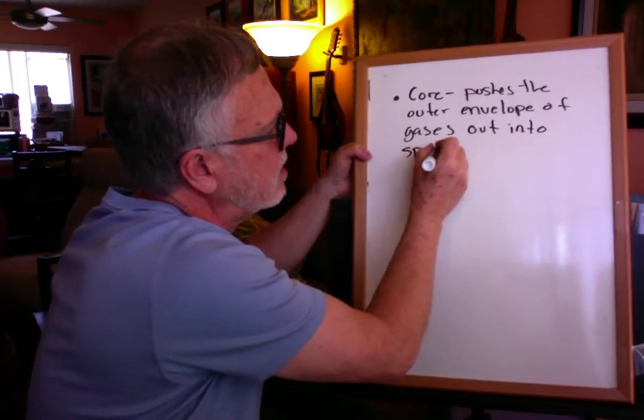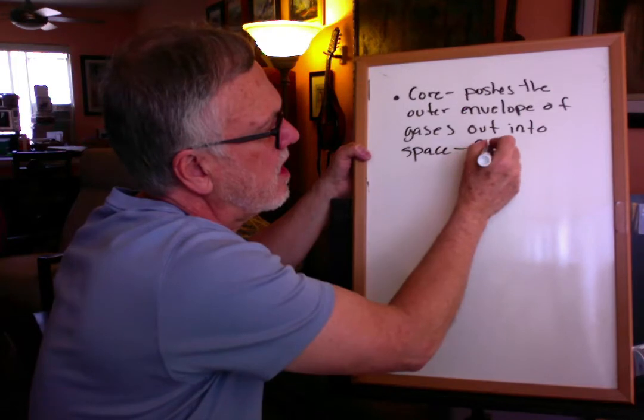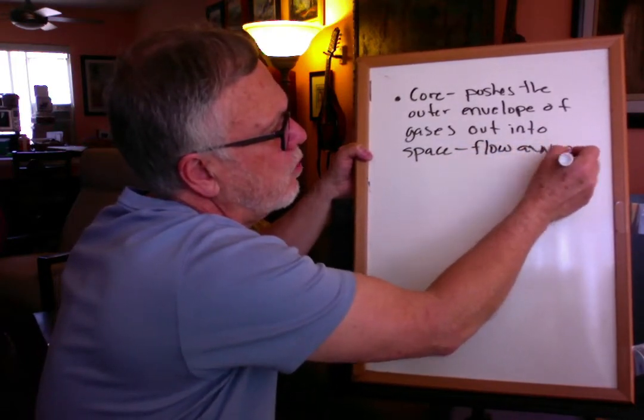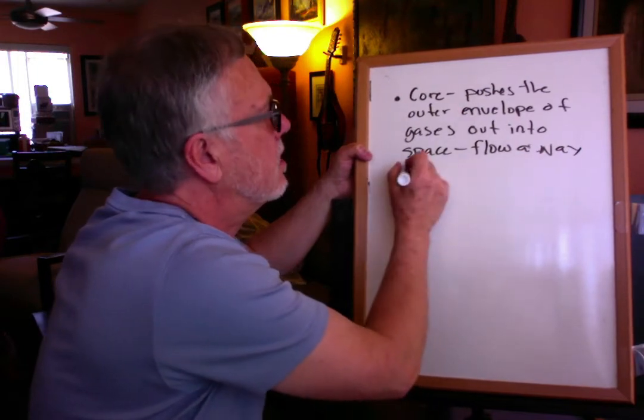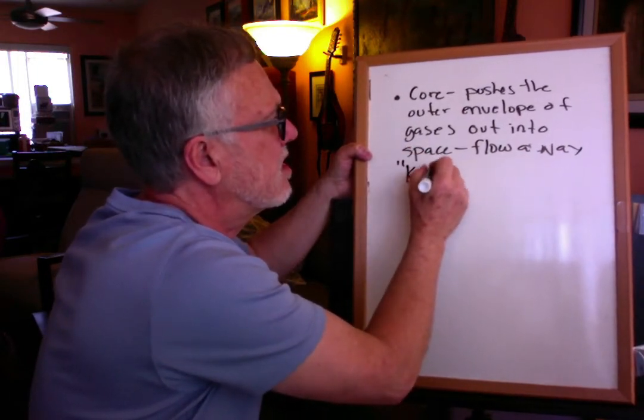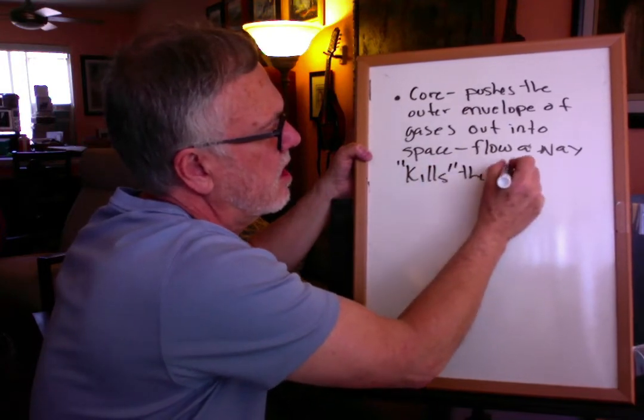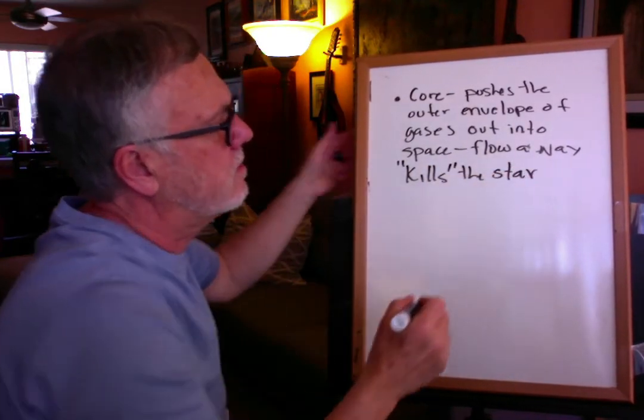And basically those outer gases just flow away, which basically kills the star, a low mass star.